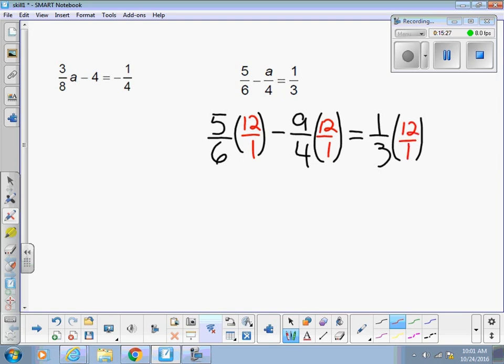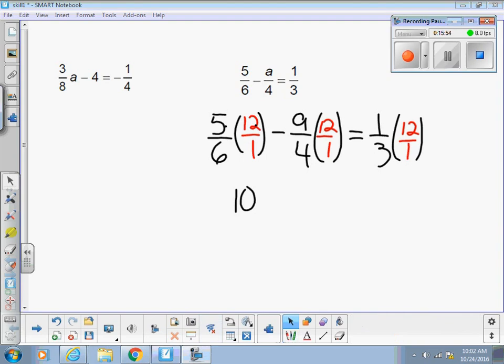So again, here we can just go ahead and solve this. 5 times 12 gives us 60, divided by 6, and that will give us 10. So here we got 10. Over here we have 8 times 12, and that will give us 96, divided by 4... Oh wait, this was an a.